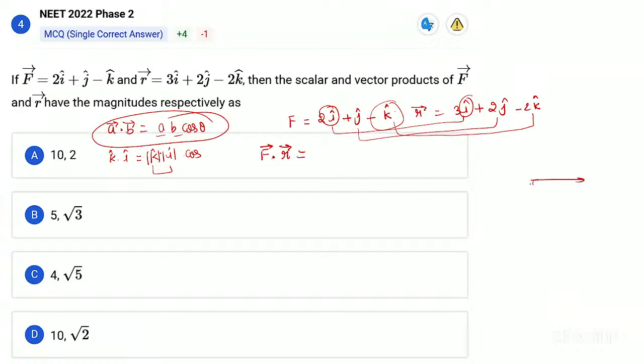So how much angle is there between the x and z axes? 90 degrees. So this will become cos 90, and this will become 1 into 1. Cos 90 will become 0. So k vector dot i vector is 0, and the same for the others also. Whenever the unit vectors are different and they are multiplied in a dot manner, the product of that will be 0. Okay, resultant will be 0.